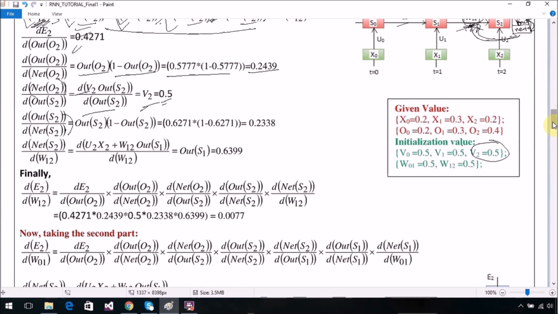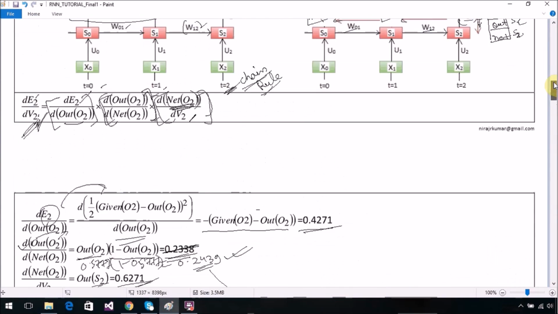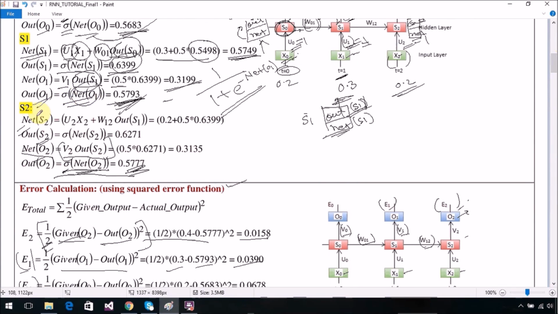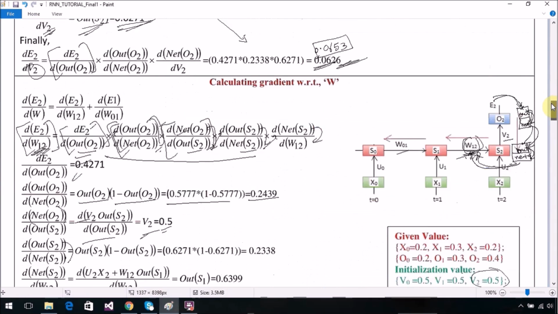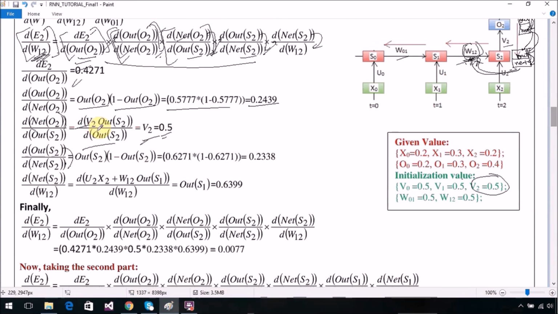You can see here the out S2 and net S2 based relation is a sigmoid relation. So the differentiation will follow the same rule again. It will be out S2 into 1 minus out S2, and this is the differentiation result. Now the last part is calculating the differentiation of net S2 with respect to W12.